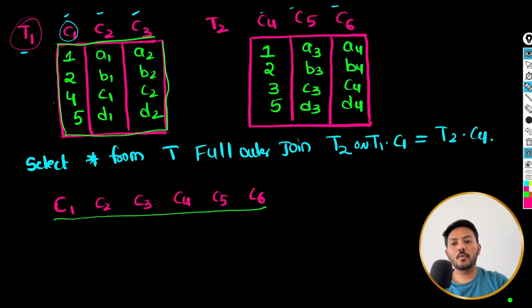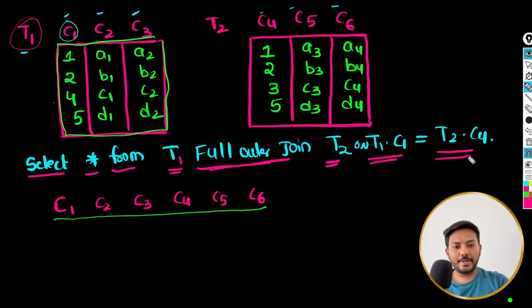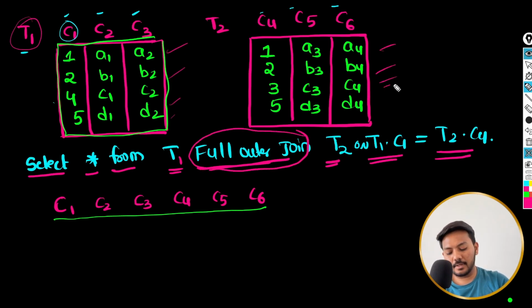Now let's change the query like this. Select star from T1 full outer join. Instead of join, we are talking about full outer join. T2 on T1.C1 equal to T2.C4. Now, because it is a full outer join, it is going to look at all the records in both of these tables. So first we have 1, A1 and A2. Because there is a match, you get 1, A3 and A4.